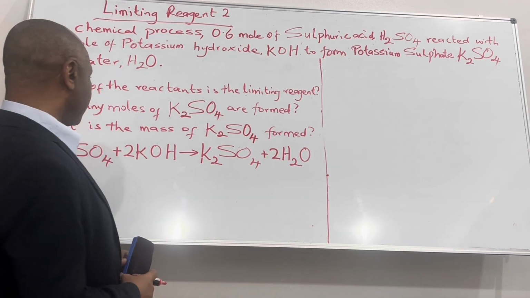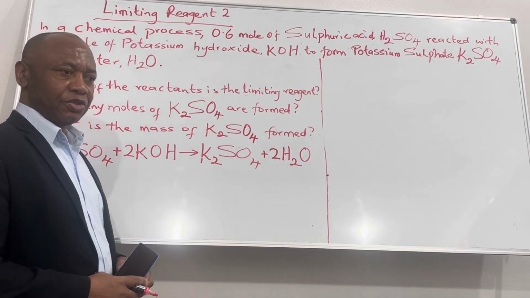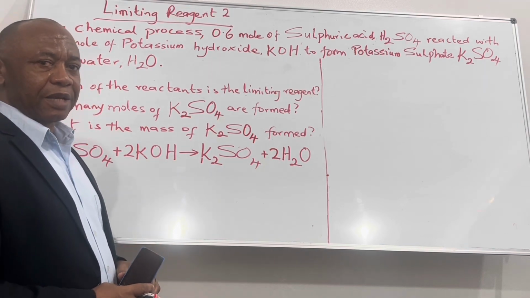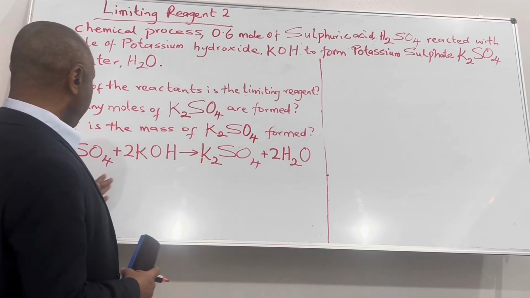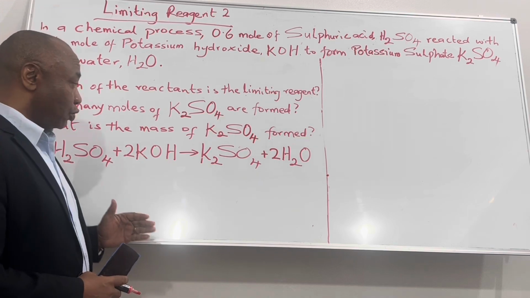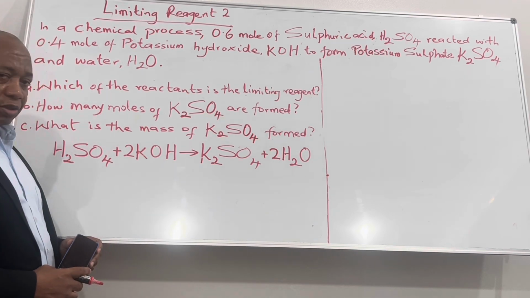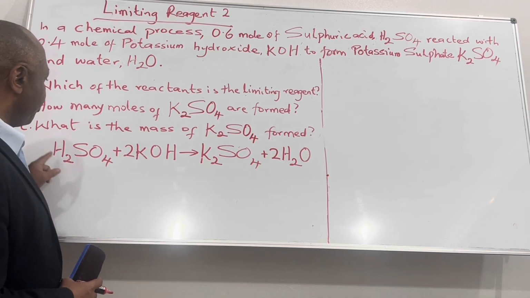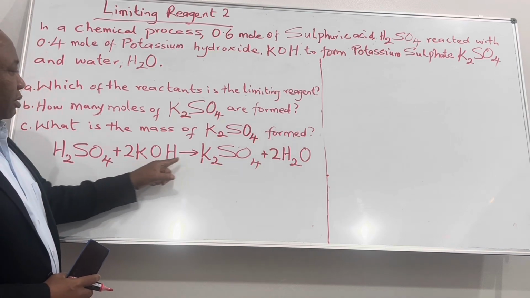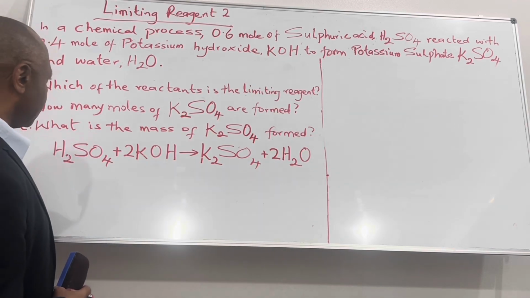And in that previous lesson we determined the limiting reagent using a balanced chemical equation wherein the coefficients were the same. Today, we shall be using a balanced chemical equation wherein the coefficients of the reactants and products are different.